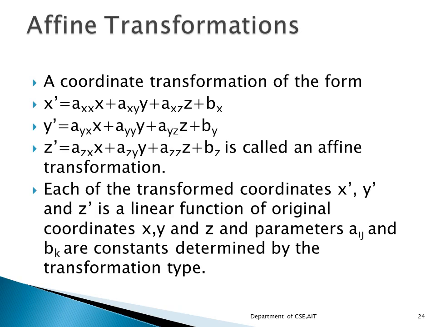Here each of the transformed coordinates, that is x', y' and z', is a linear function of the original coordinates which are x, y and z. Along with this, we also have the parameters aij and bk, which are constants, and these constants are going to determine the transformation type.